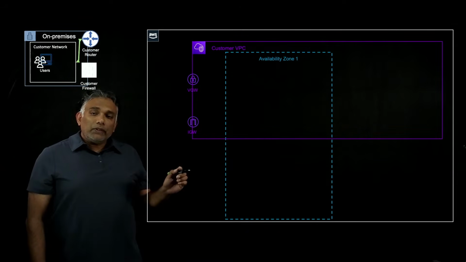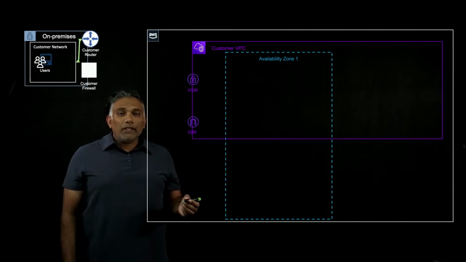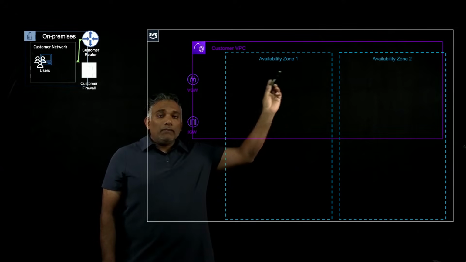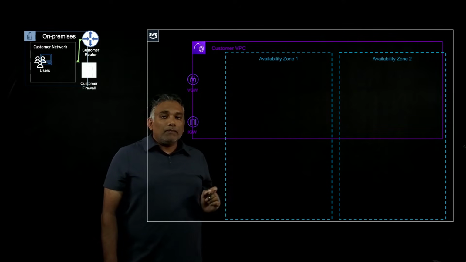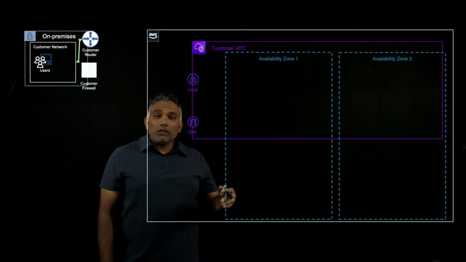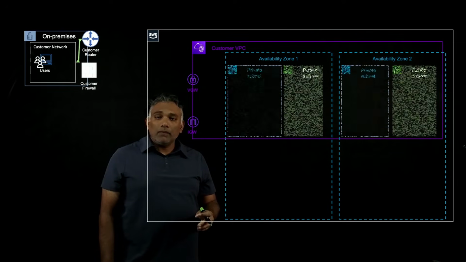There's also the ability to create multiple availability zones. This is a recommended best practice, where you have multiple availability zones deployed for your customer VPC. The reason is to spread your resources across multiple availability zones in case of one availability zone failure.